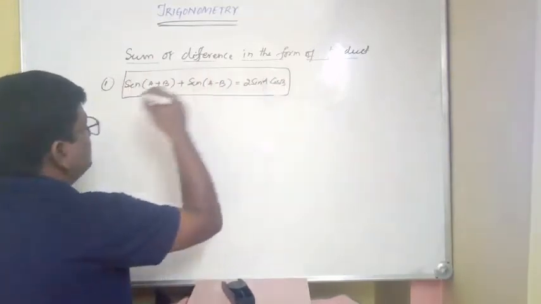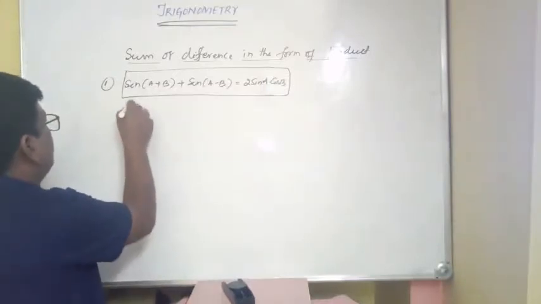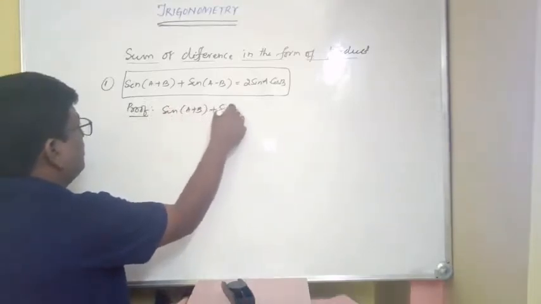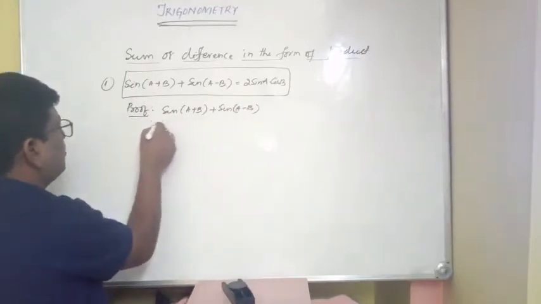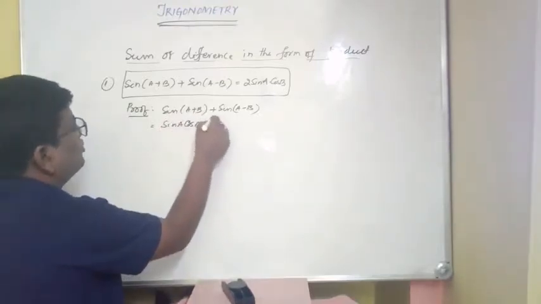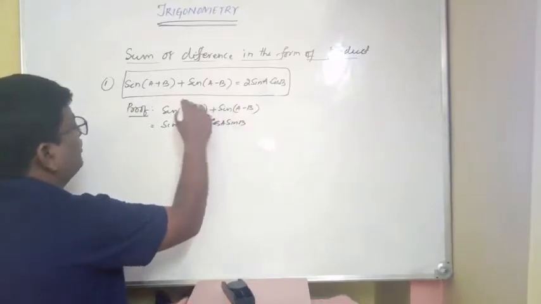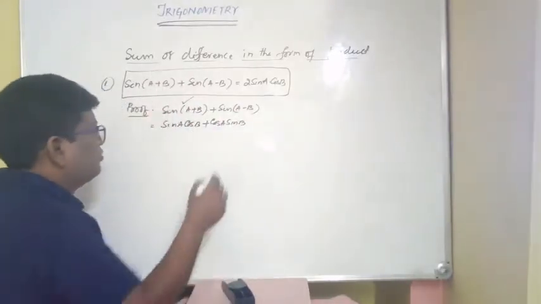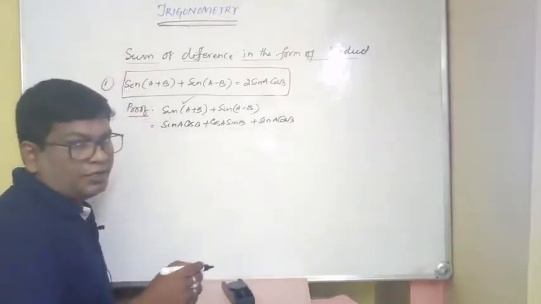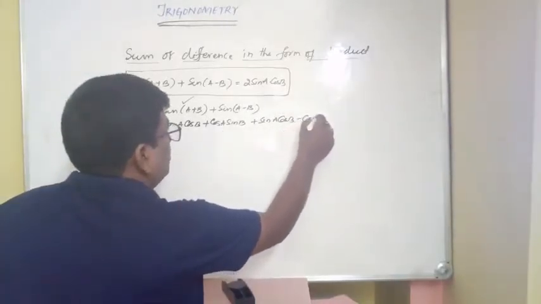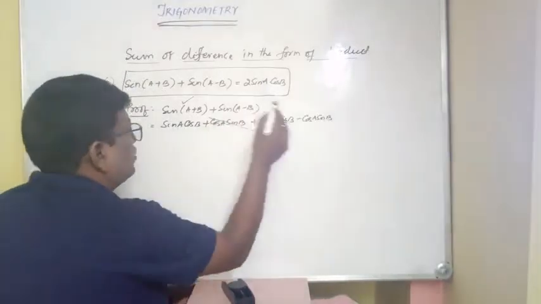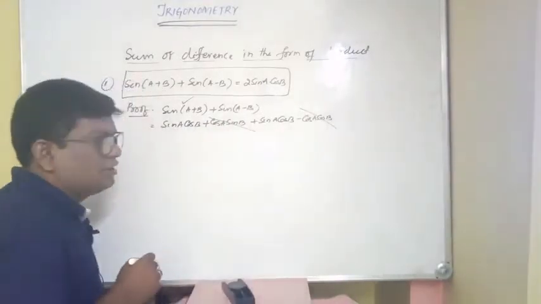Okay, and how is this obtained? Proof: sin(A+B) plus sin(A-B). Sin(A+B) means sin A cos B plus cos A into sin B, and the other term sin(A-B) is sin A into cos B minus cos A into sin B. So cos A sin B is plus here and minus here, so this cancels.